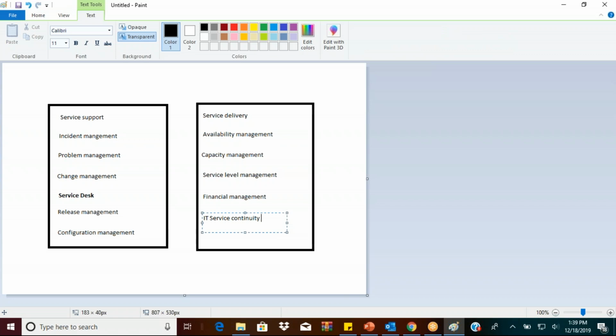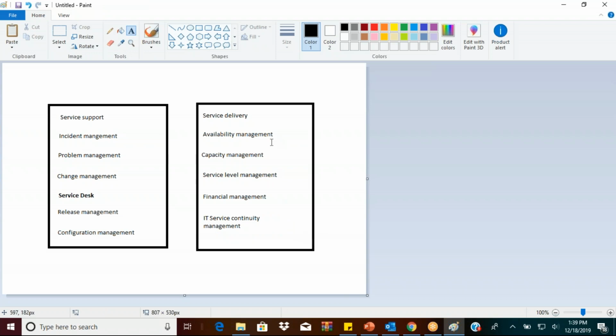Okay, so these were the different processes that were defined in service delivery.